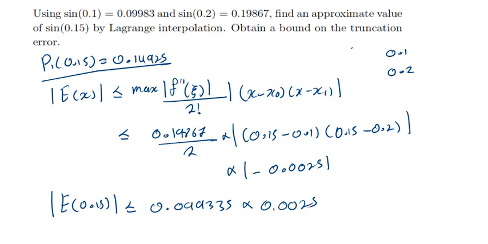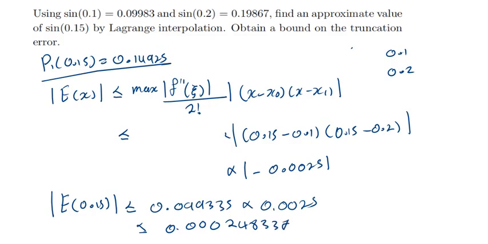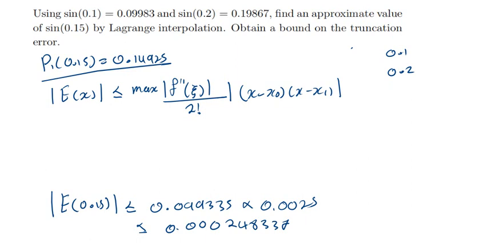I'm ending up with something like 0.00024837, like that. You can leave it like that if you want.